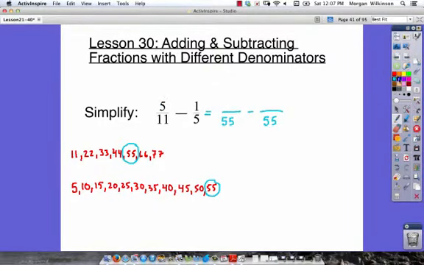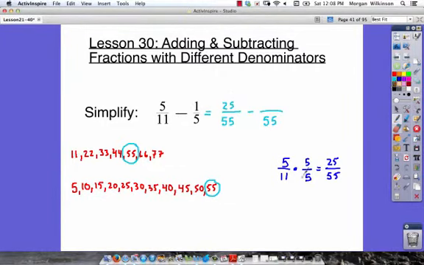So 5/11, we want to multiply it by some fraction equal to 1. That's going to give us a denominator of 55. Well, 11 times 5 is 55. So our fraction equal to 1 is 5/5. 5 times 5 is 25. We can go ahead and fill that in. 5/11 is the same thing as 25/55.